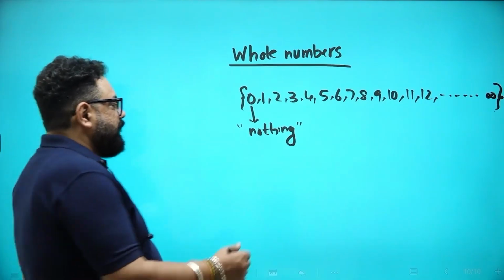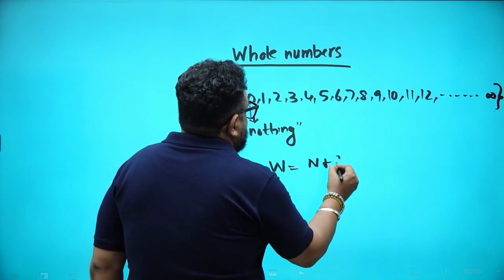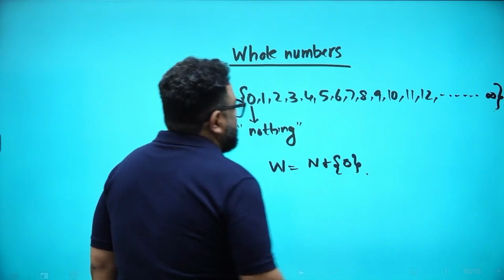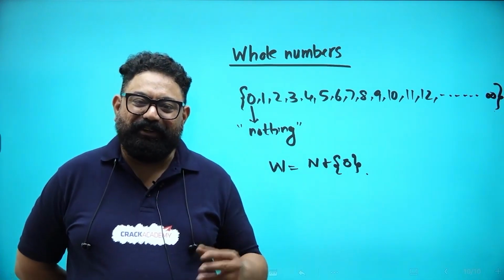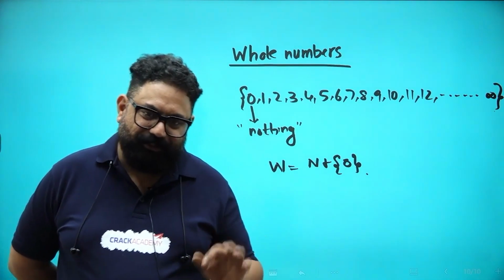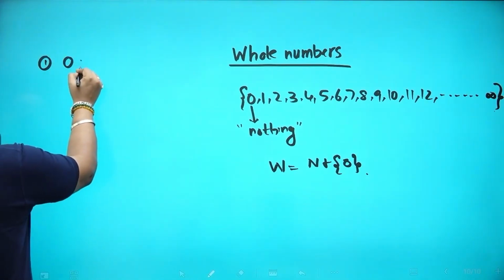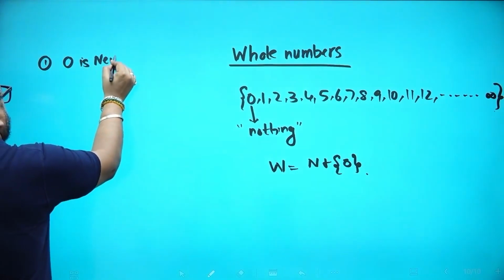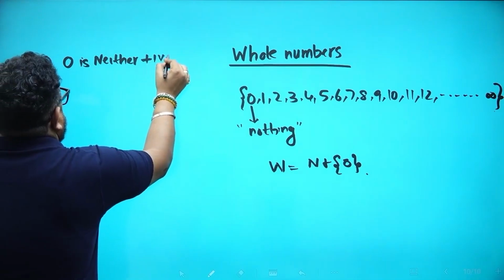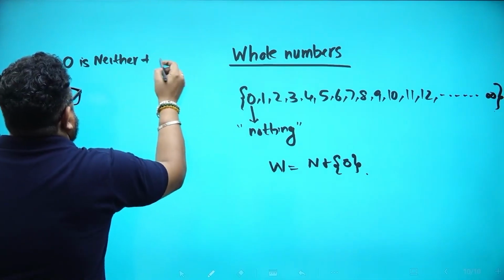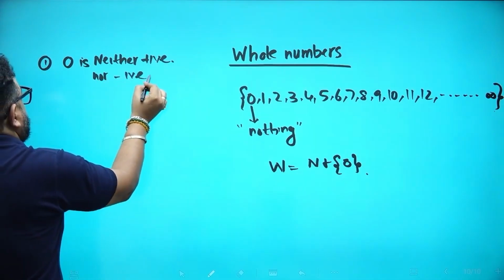Whole numbers are basically natural numbers plus one more element, which is 0. Now when I say 0 is amazing, a lot of you would be amused, so I'll talk about 0. First important property of 0: 0 is neither positive nor negative.